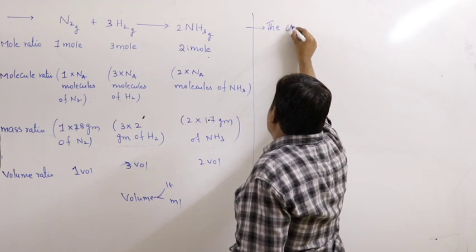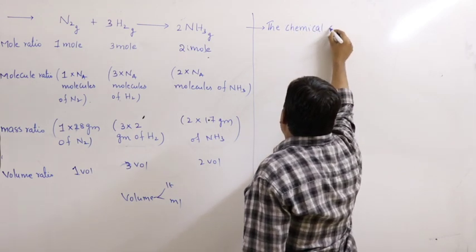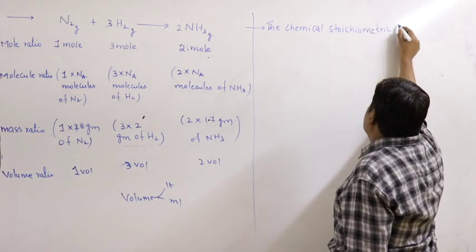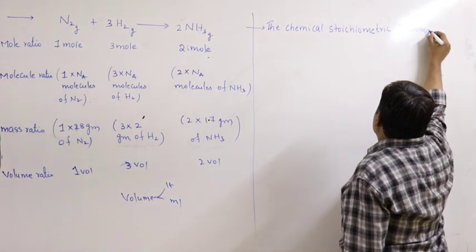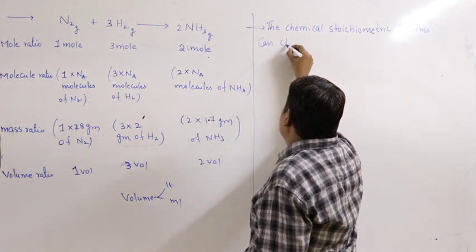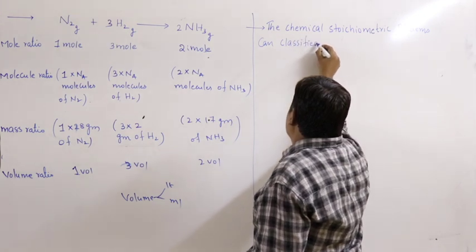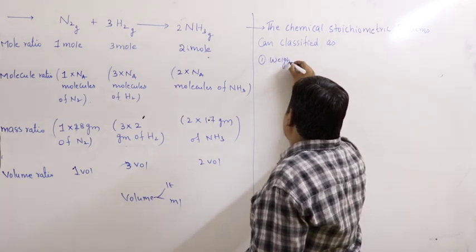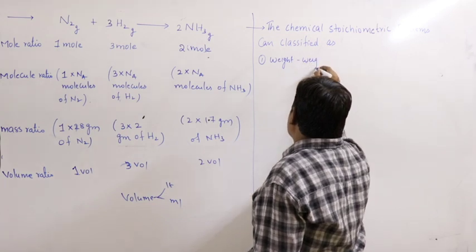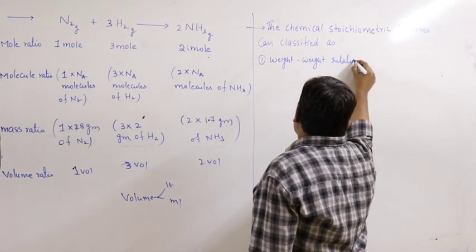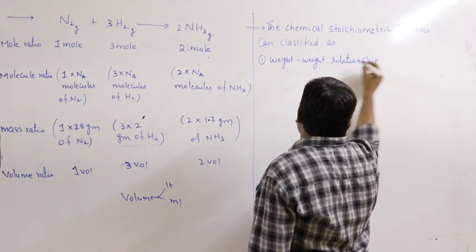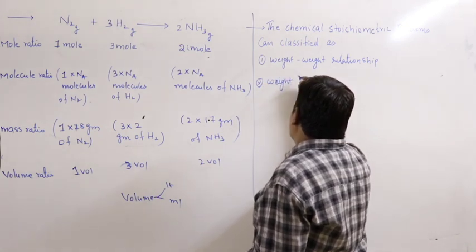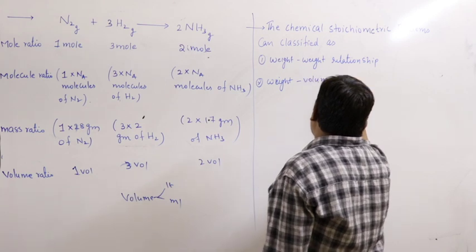So far we have studied the meaning of chemical stoichiometry. The chemical stoichiometric problems can be classified as weight-weight relationship problems, problems that can be solved based upon weight-weight relationship, weight-volume relationship or mass-volume relationship based problems.